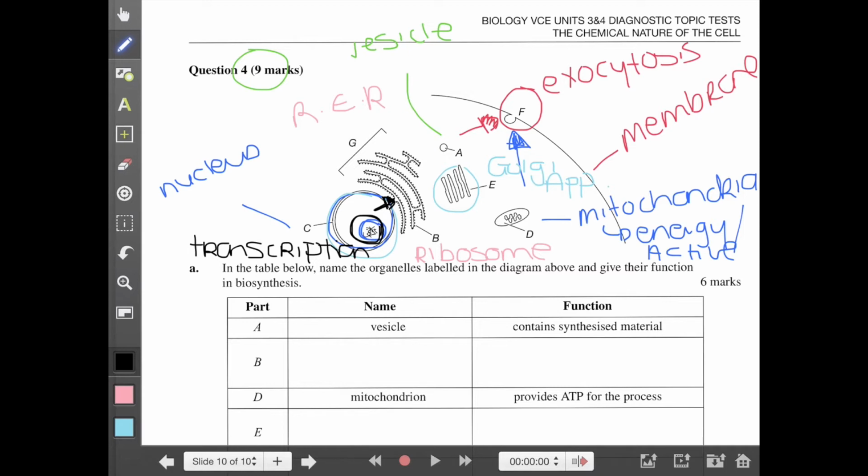And at the ribosome, we're going to have translation. And so remember, at the ribosome translation, the mRNA is going to be read in groups of 3 base pairs, which is going to be the codon, and then that's going to be complementary to the anticodon that's on the tRNA. And when those complementary codon and anticodon come together, then an amino acid will be dropped off, and so forth and so forth.